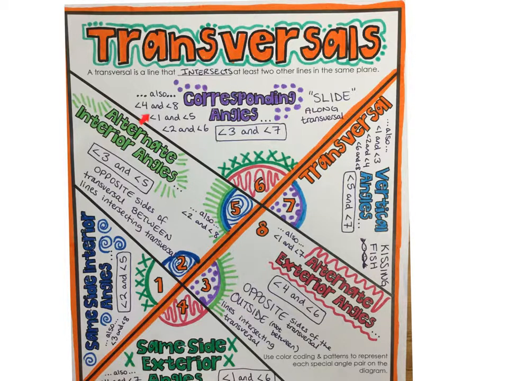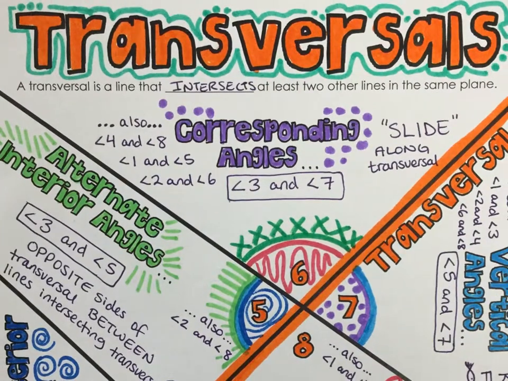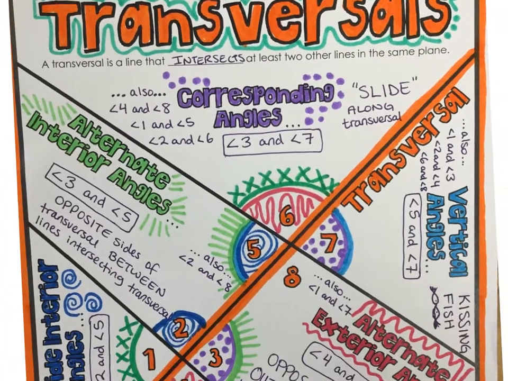The first angle pair that we're going to be talking about are corresponding angles. Corresponding angles are angles that slide along the transversal. You can think of it as they are in the same spot on each side. We're going to use purple dots to represent that.